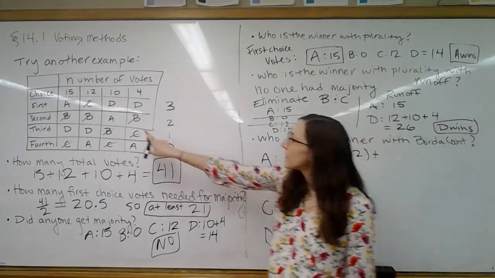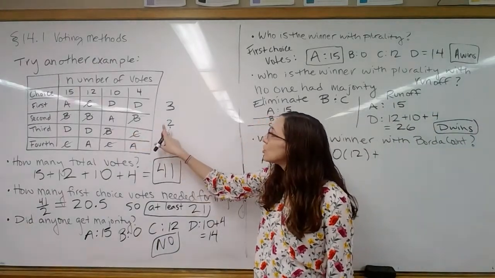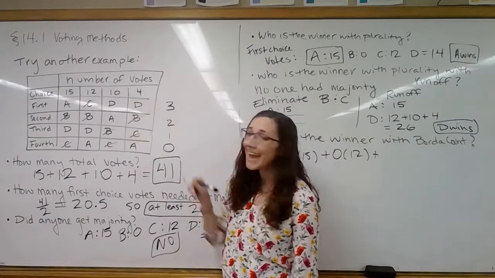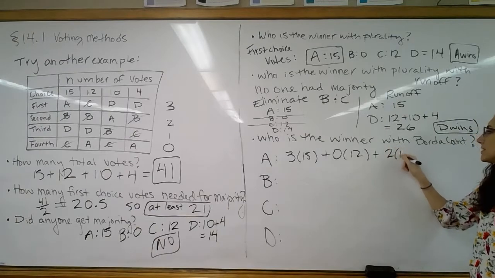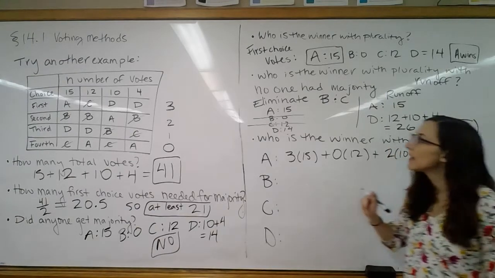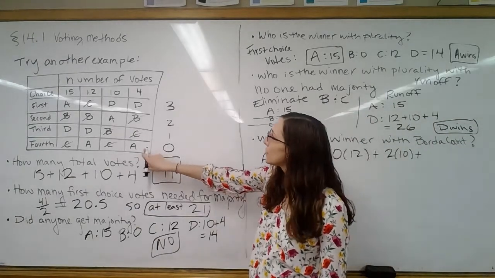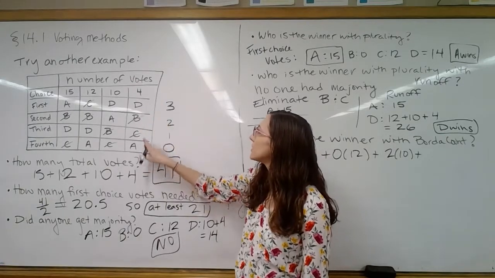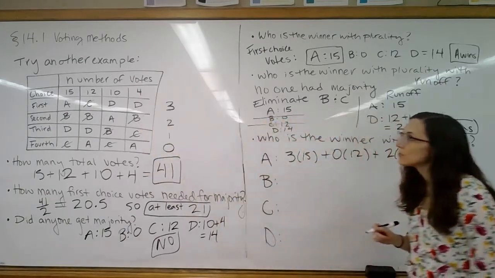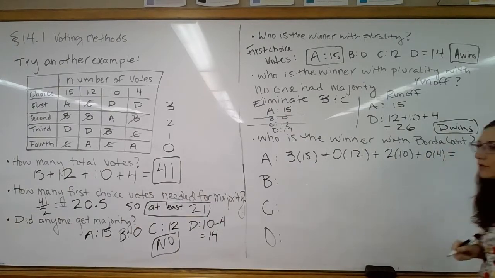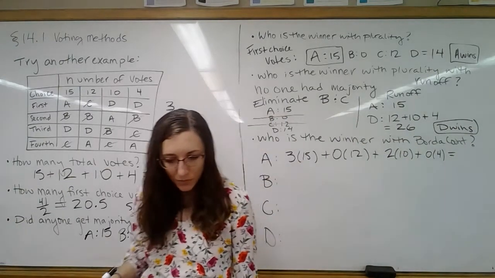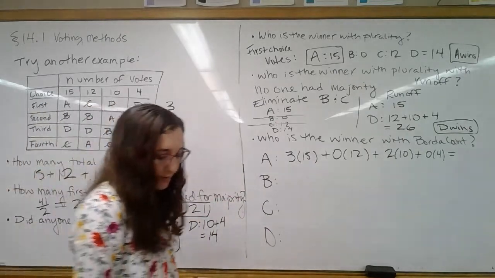In the next column, they're second choice, so 2 points for 10 votes, so plus 2 times 10. And in the last column, they are again fourth choice, which is 0 points for 4 votes, so 0 times 4. And if you do add all that up, you should get 65.